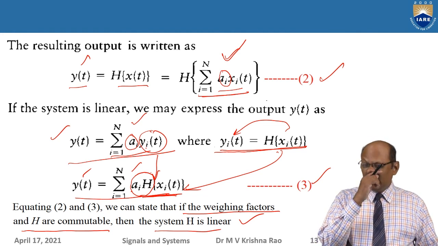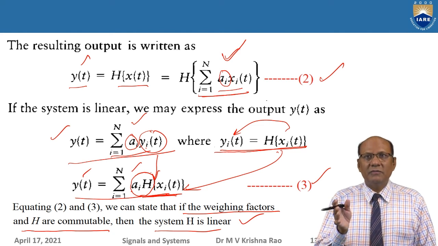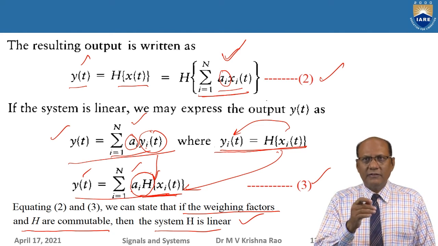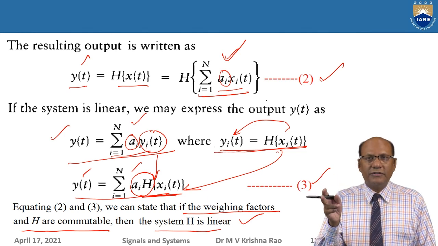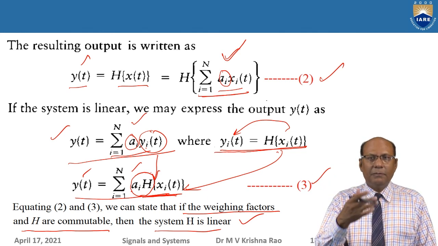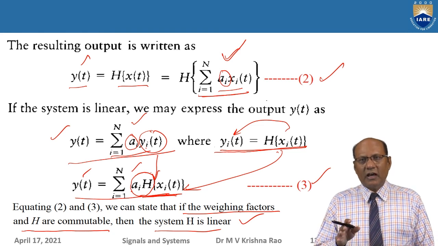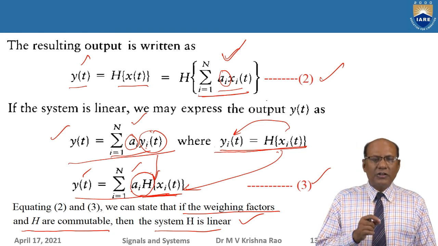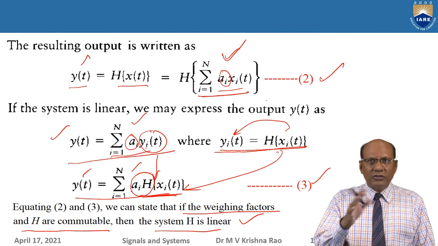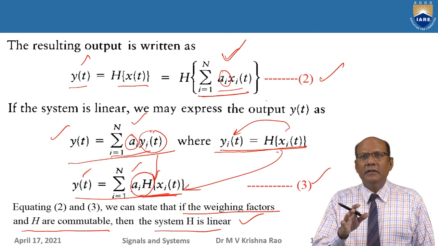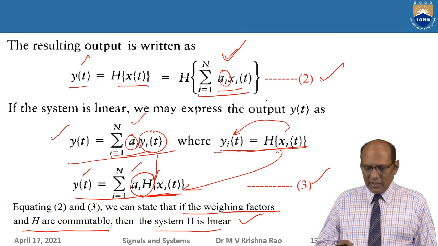Basically, in all these properties, mostly because time shift is there and scaling factors are there, one is an independent variable operation and the other is a dependent variable operation. So whatever the operation is, if there is commutability between the operations which you do on inputs or outputs and what the system is doing, then mostly the system becomes linear.